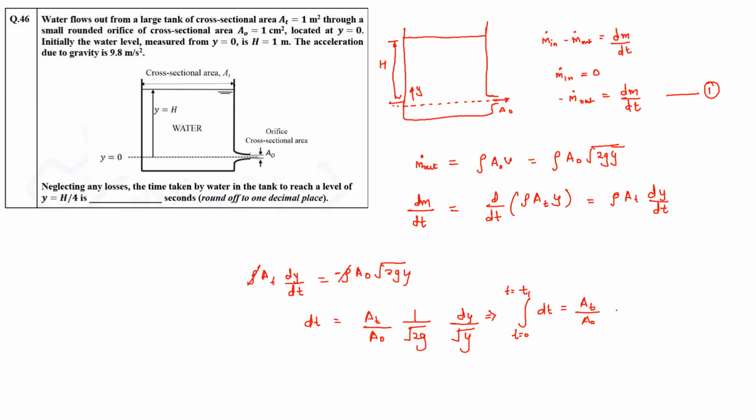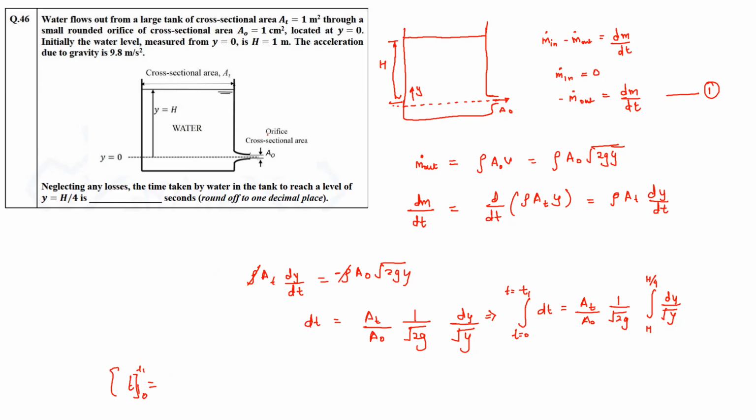These are all constants, they can be taken out of the integration, and this is the integral of dy over root y starting from h, because at the start when time was 0 this container was filled up until h, and now at time t1 it will be at h by 4. Okay, so now you can simply integrate. So this dt becomes t1, and we will put on the limits at the end. So this is 0 till t1.